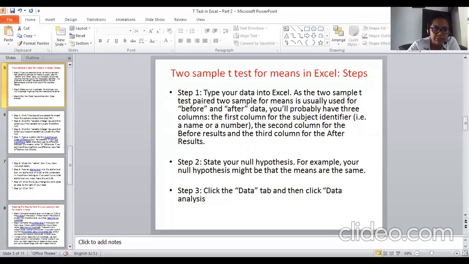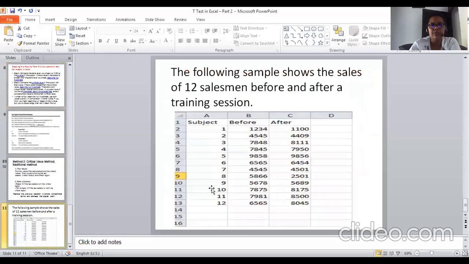So let me share the dataset with you. This is the dataset that we are going to work with today. In order to start the exercise, you can pause the video and enter the data into your Excel sheet. You have the subject identifier in the first column, where the individuals are named 1 to 12.